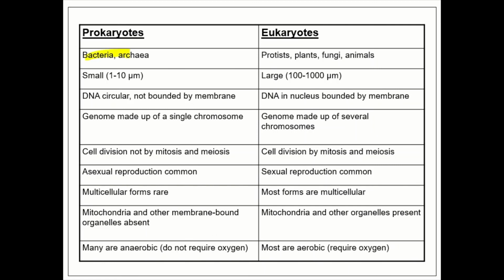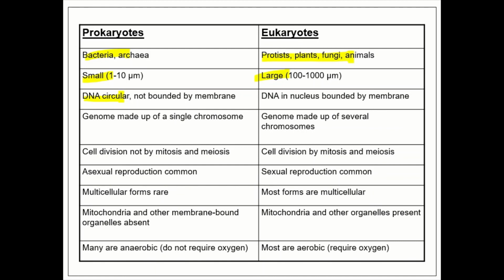You have your different species we've mentioned. Prokaryotic cells are usually going to be smaller than your eukaryotes. DNA is more circular and not membrane bound. We and other species in the eukaryotic kingdom are going to have multiple chromosomes. You might have learned a little bit about chromosomes in mitosis. We're going to go through it again the second week we're back when we get into our genetics unit.